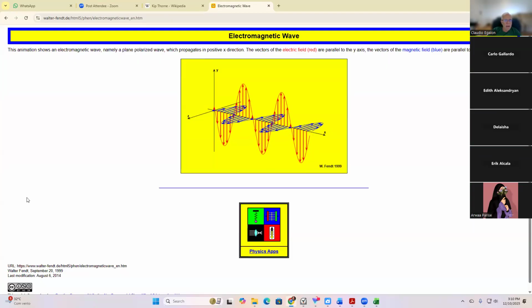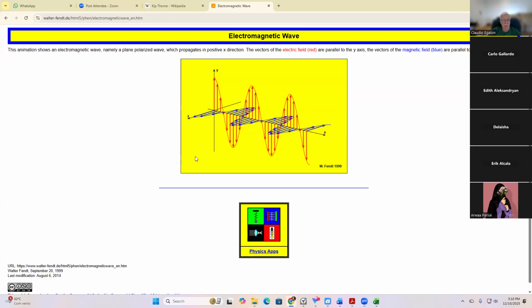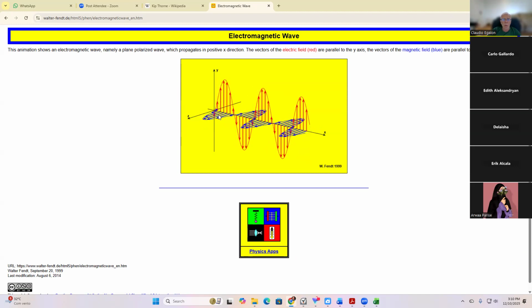The electric and magnetic fields of a wave can be described as vectors. Those in red color are the electric fields, and the one in blue color is the magnetic field.